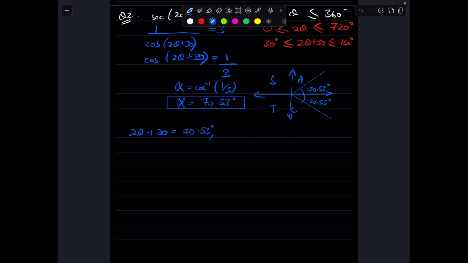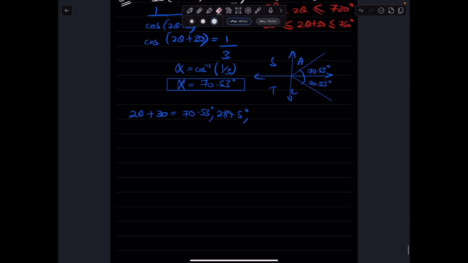70.53 and 360 minus 70.53, which would give you 289.5 degrees. And for the next two angles, just simply add 360. So I'll copy this, I'll paste this, I'll increase the space in between, and then just simply add 360 degrees.